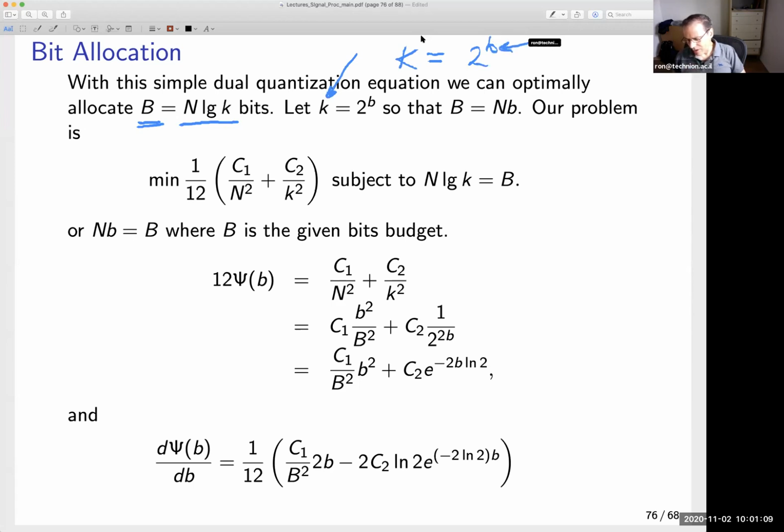So basically capital B, the number of bits that I'm playing with, would be n, the number of intervals, times log k. So I can take k and plug 2 to the power of b instead of k, and therefore capital B would be nothing but n times b.